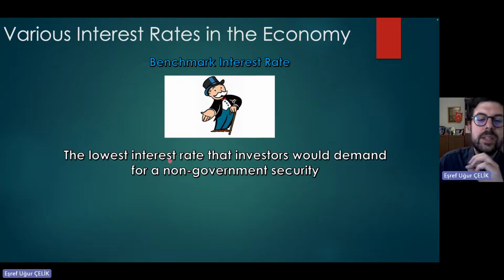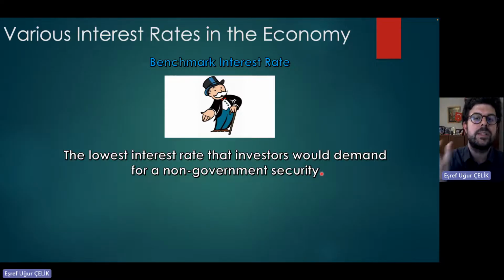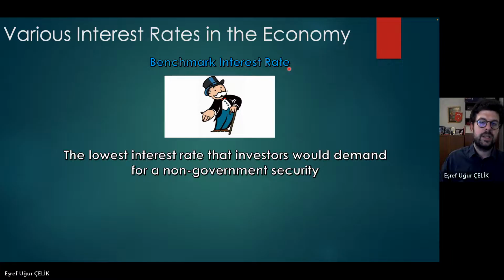That is the lowest interest rate that investors would demand for a non-government security. So if we decide to buy private bonds, we expect that the bond interest rate is higher than the government bond interest rate, and that government bond interest rate percentage is called the benchmark interest rate. In Turkish, gösterge faiz.